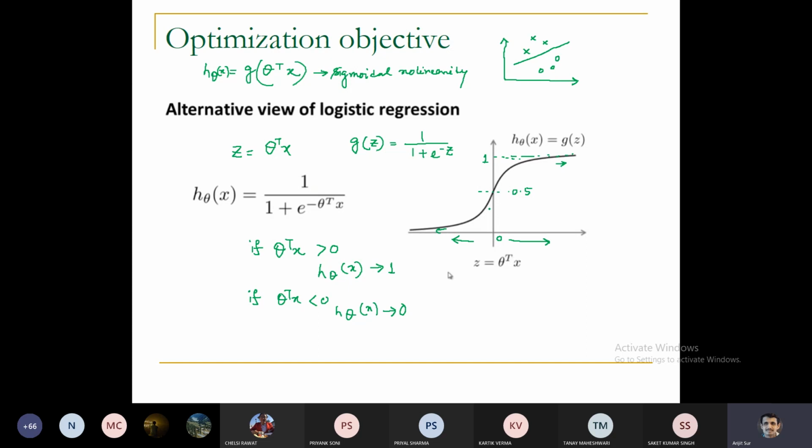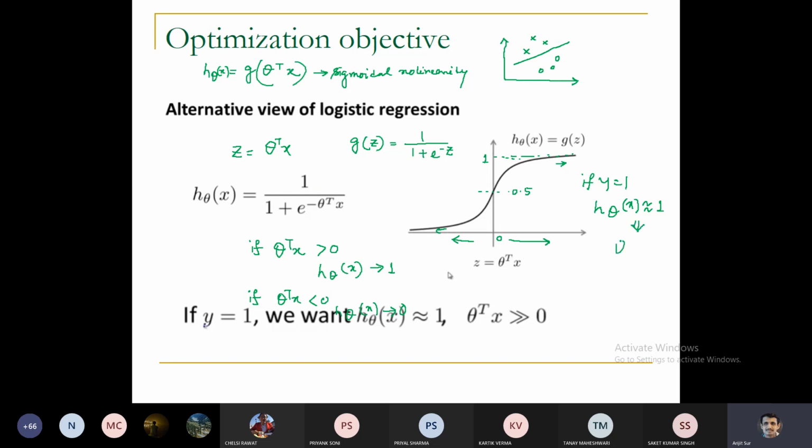So what we actually want is this: if y is equal to 1, that means the actual ground truth class is 1, then our estimated hypothesis should also be very close to 1. Then we get a right estimation. What does this mean?